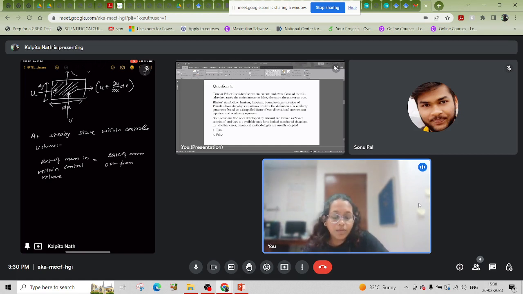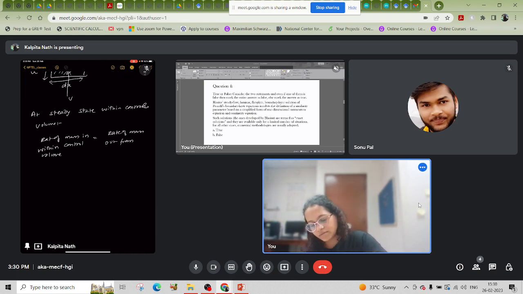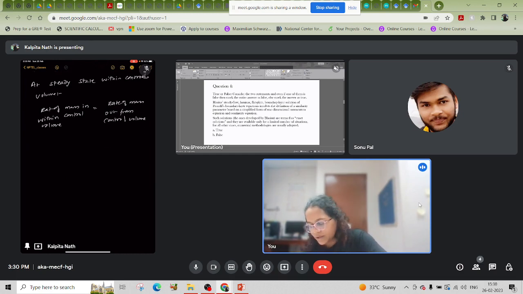If you are not able to understand anything, kindly stop me and ask the question. Okay, this is the simple continuity equation that we have already understood how to derive.